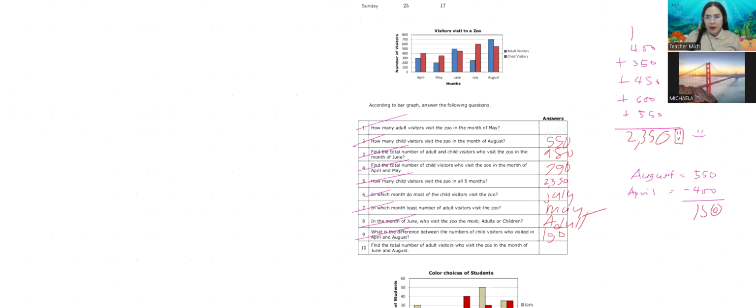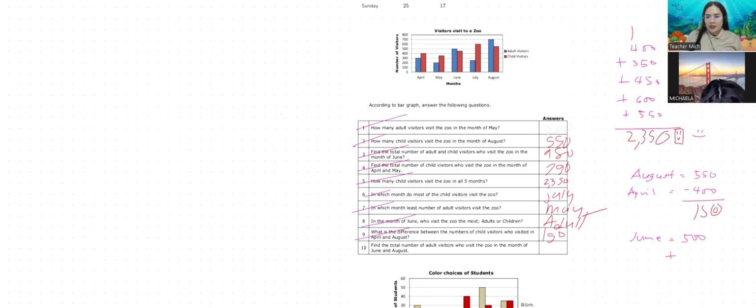How about in the month of August? 400. In the month of August? 450. In the month of August, adult. 700. Okay, that's 700.